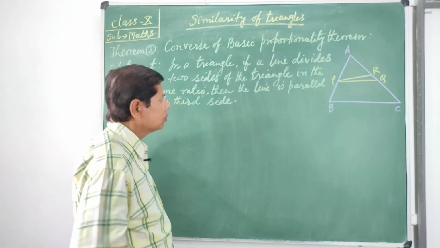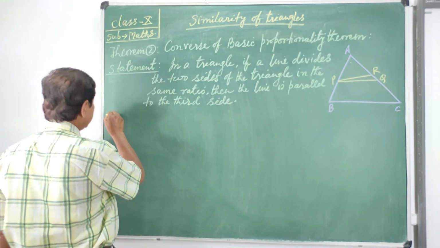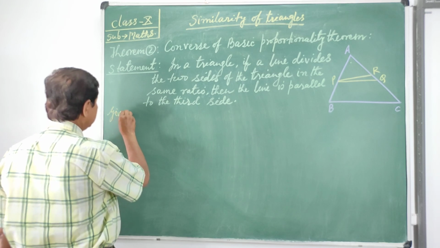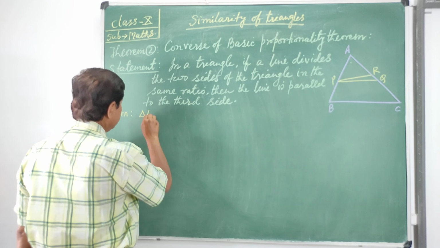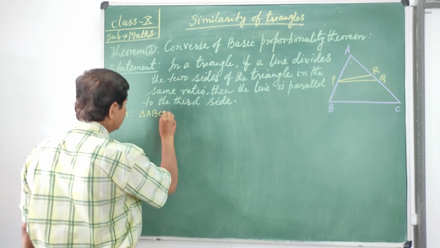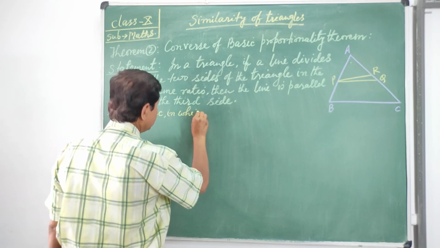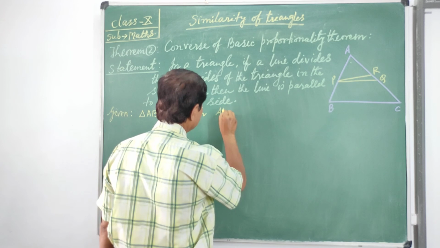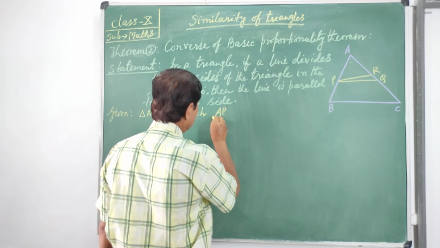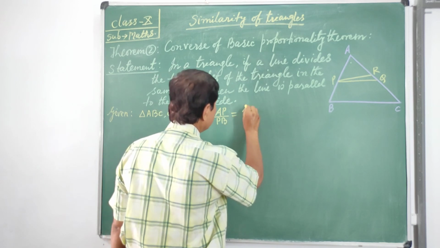Now we have to prove that PQ is parallel to BC. So first, after the statement, write given: triangle ABC in which AP by PB equal to AQ by QC.